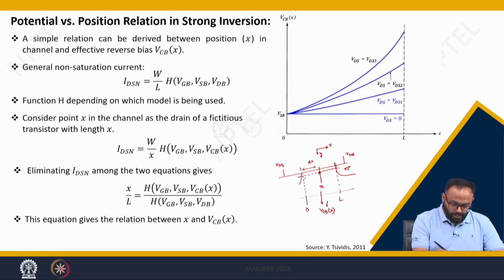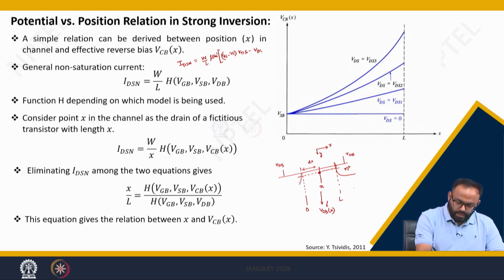Let's analyze the complete equation for IDSN, which was W by L into mu into COX dash, VGS minus VT into VDS minus VDS square divided by 2 into alpha.